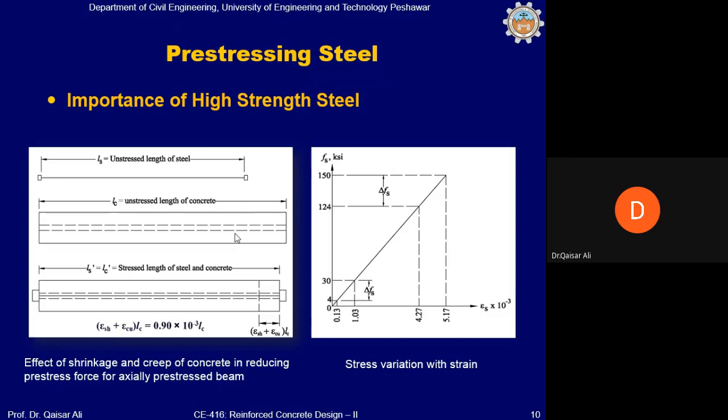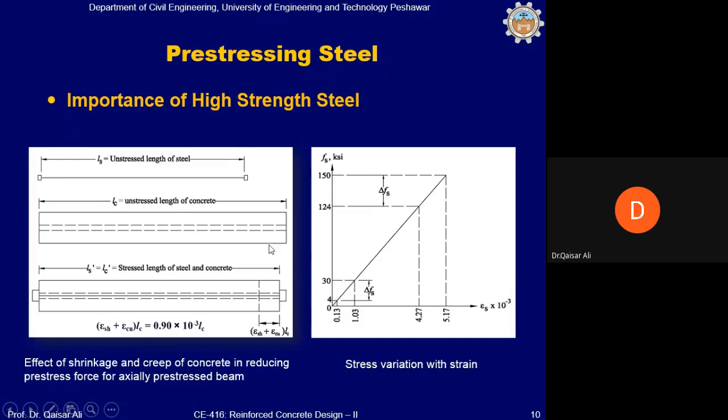And once the concrete gains its full strength, we release this wire from this end. Once we release this wire, the steel and concrete are bonded together.